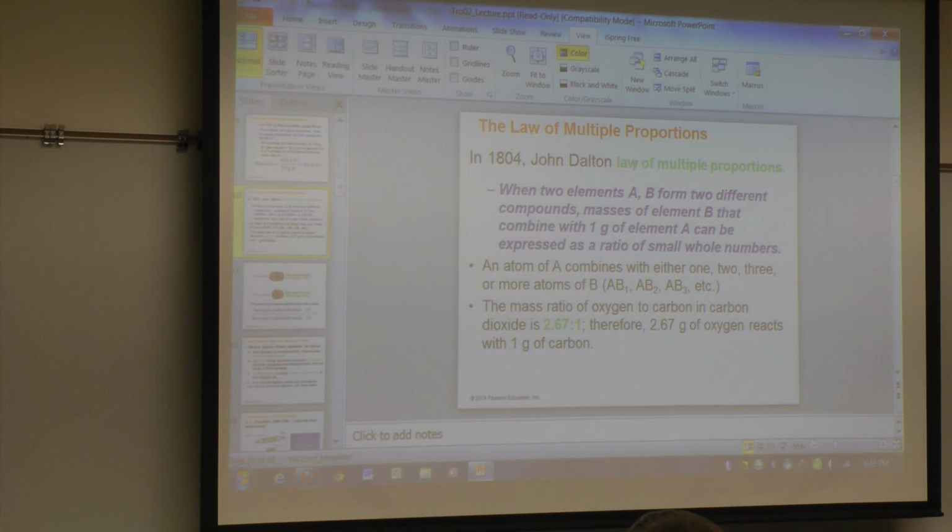So Dalton came up with the law of multiple proportions, where if there are two elements A and B that form two different compounds, the mass of element B will combine with A in a particular ratio. So for example, you have carbon dioxide or carbon monoxide, right?